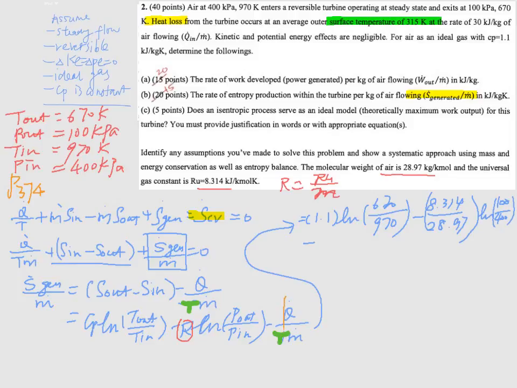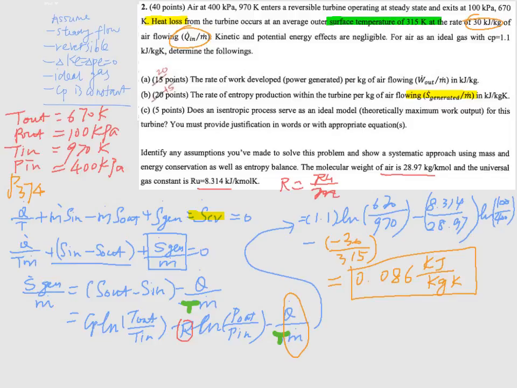This Q dot over M dot is negative 30, so let's put negative 30 over this T, which is 315. If we work out the math, it's going to be 0.086 kilojoule per kg K.